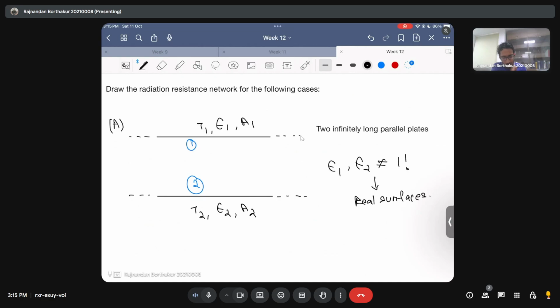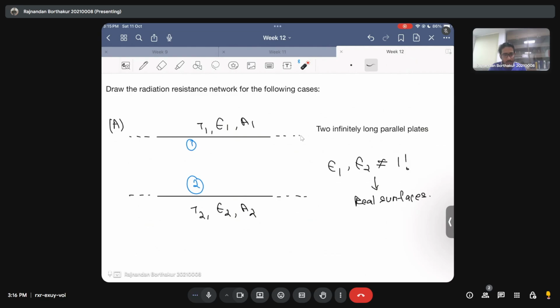So we'll first look into this case where we will try to figure out how the radiation network could look. This is a very simplified scenario where we have two infinitely long plates, and we are considering the emissivities of these two plates as epsilon 1 and epsilon 2, which are not equal to 1, meaning that these are real surfaces having areas A1 and A2 with temperatures T1 and T2 respectively.